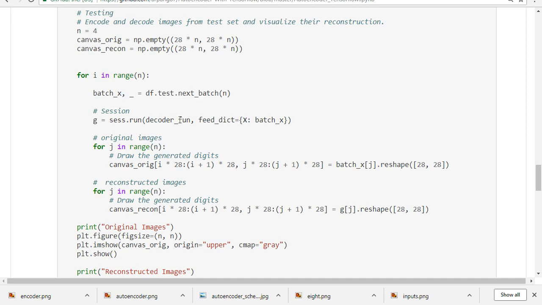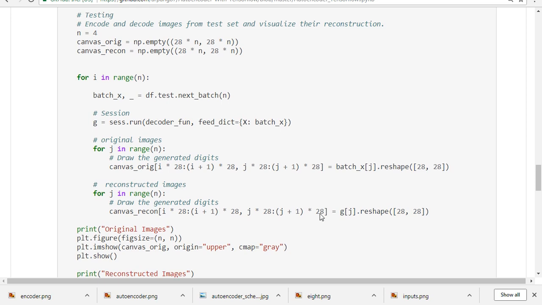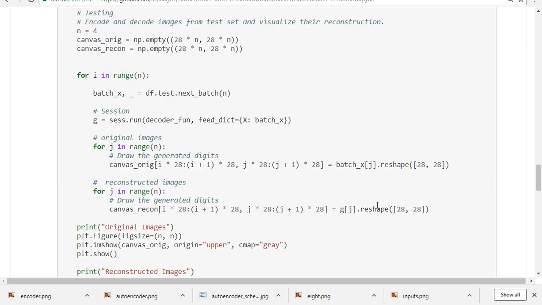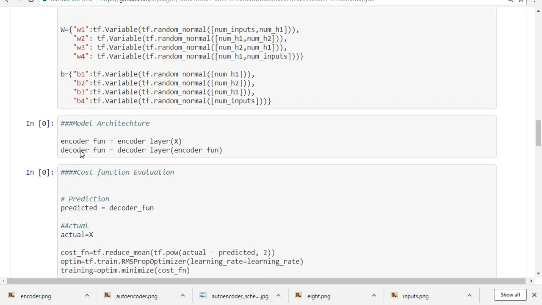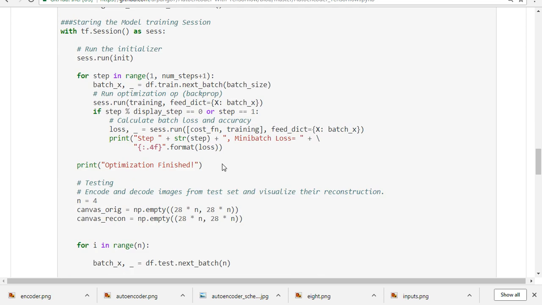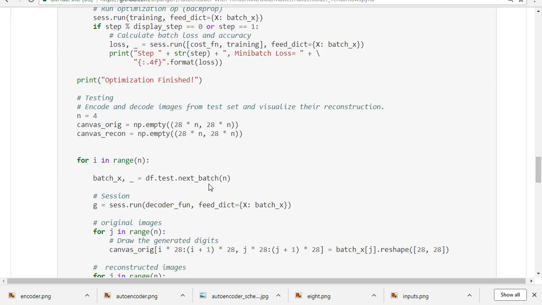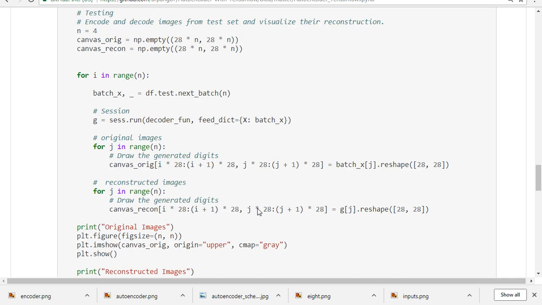You are running the decoder function for the test image. So the output of the decoder function for the test image will be the predicted thing, where we use predicted equal to decoder_fun, and this decoder_fun we are using for the test images instead of the training images. That's why we are saying reconstructed images.